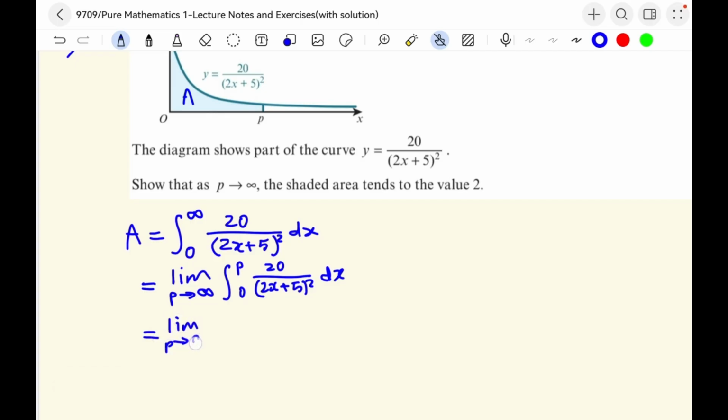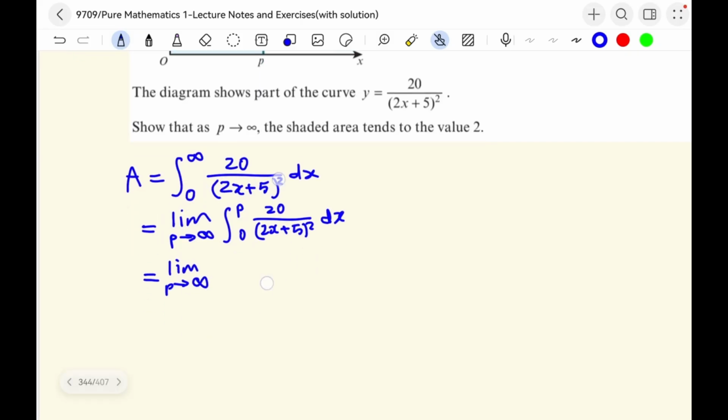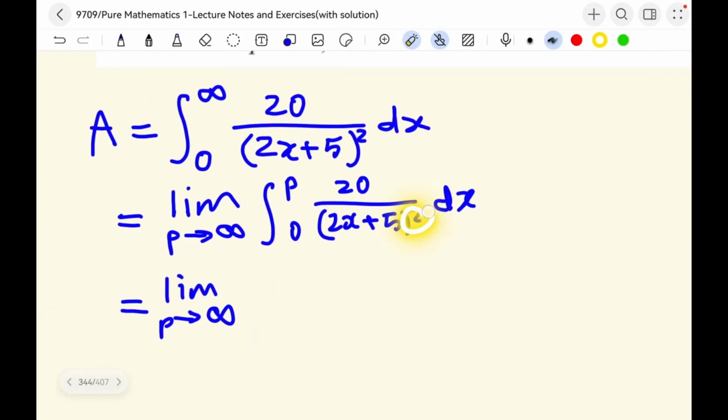Now solve the integral inside here. So how do you integrate this? It is the reciprocal of 2x plus 5. If you change it by the indices, it's to the power of -2. So it's to the power of -1. It's actually divided by -1, but we just put negative.